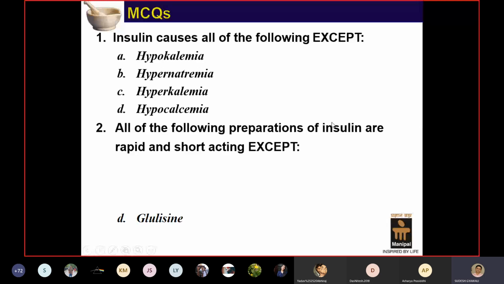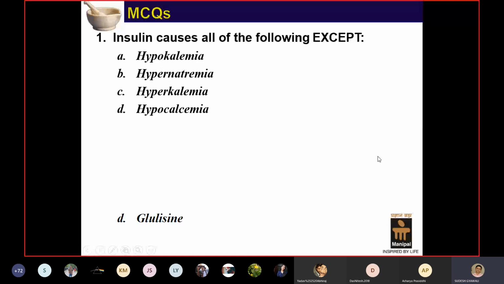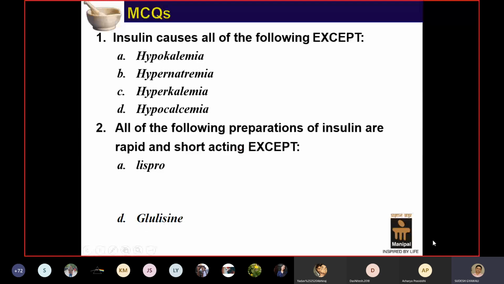Question number 1. What is the correct option? Insulin causes all of the following except hyperkalemia.